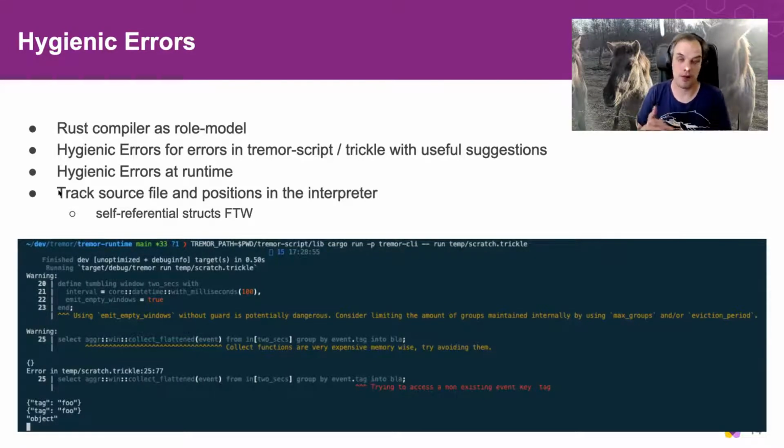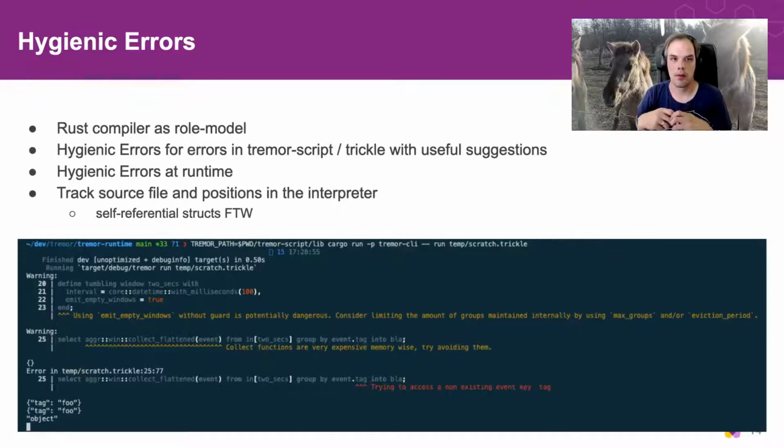But from a Tremor developer point of view, what we need to do for this is track the source file and positions in the interpreter, or in the actual AST that we then interpret.